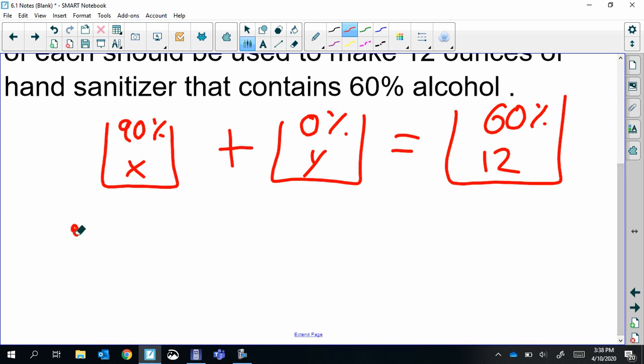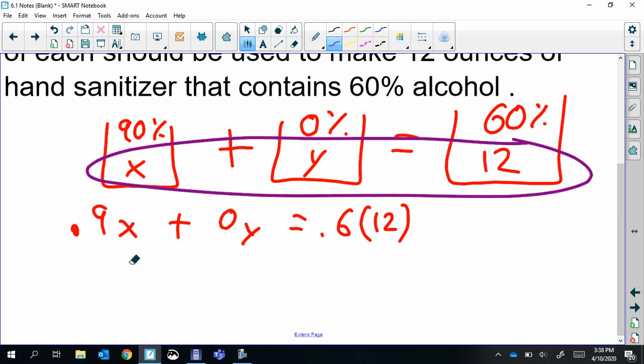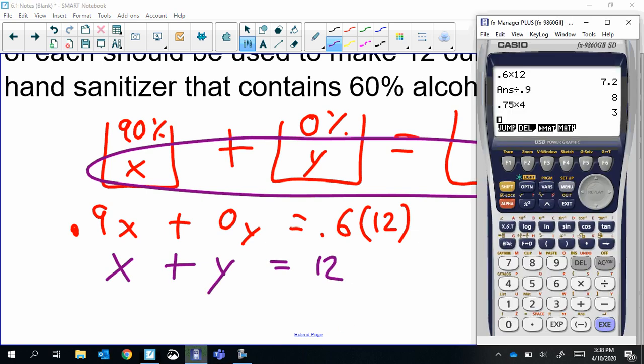So two equations, one by multiplying. So you get 0.9x plus 0 times y equals 0.6 times 12. And then the other equation comes from the bottom. This is set up easily for our calculator to do the work for us.